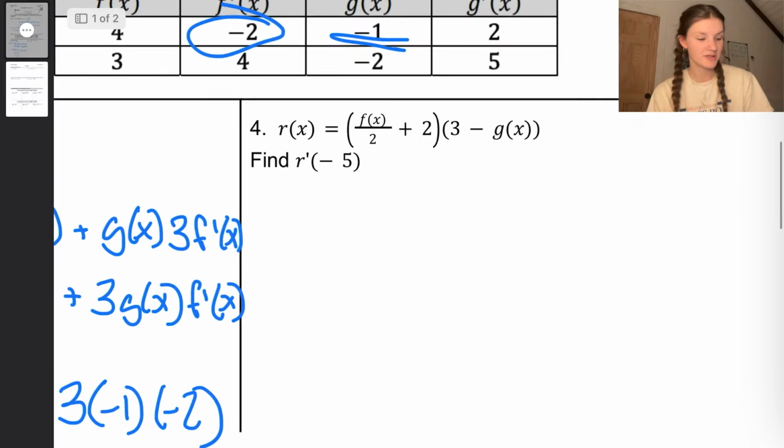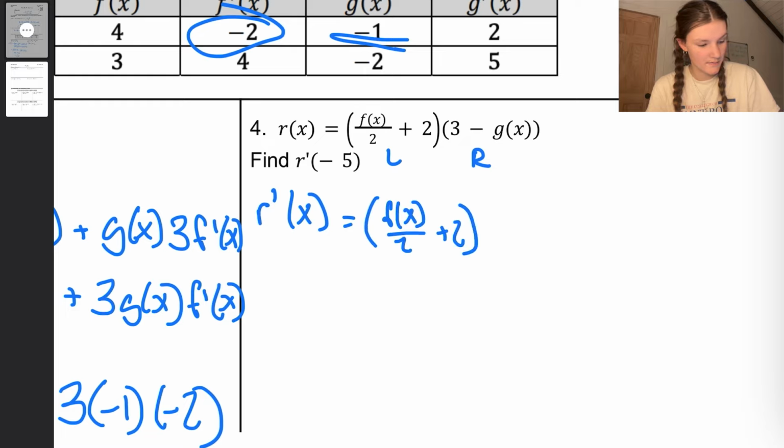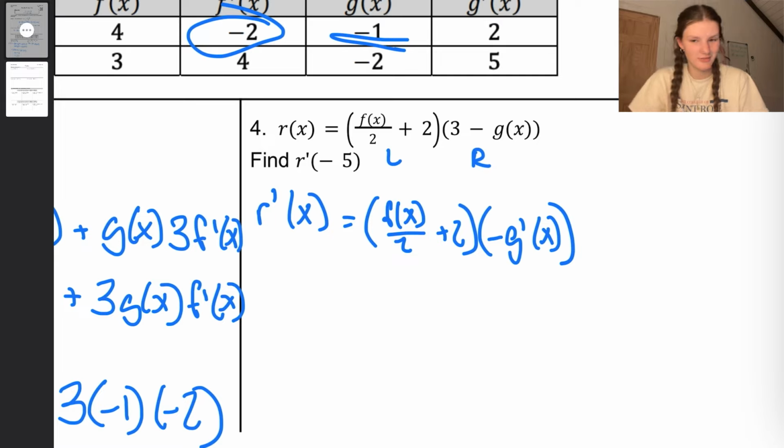Question 4. This one can seem challenging, so we're going to go over it. Let's first find the derivative. Left and right. So keep left the same. Find the derivative of the right, which is negative g inverse of x. Okay, this is what would get me confused.